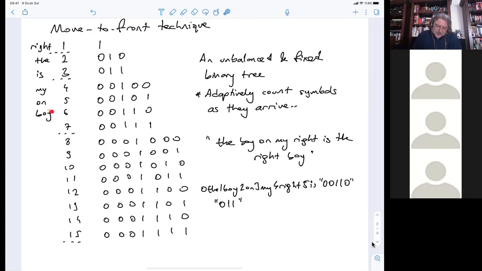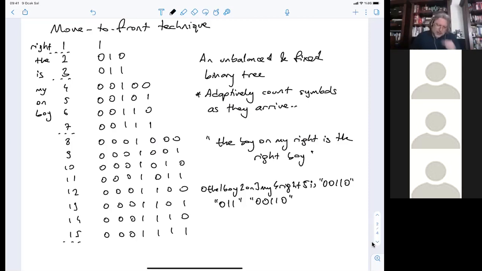Boy is in our list. It's here. So correspondingly, it is 00110. We emit this, and the decoder knows that it is boy, because it's also adaptively updating the dictionary the same way that we are updating the dictionary in our encoder.